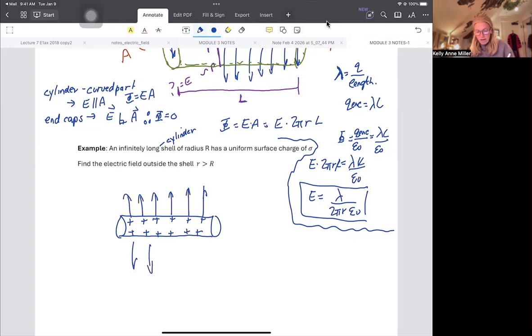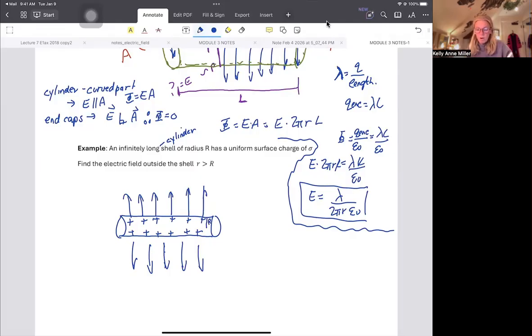But the field is going out in all directions from that cylinder, and out towards me. So I would draw a cylindrical Gaussian surface around the outside of that. And this cylinder, we've been told, has a radius of capital R.